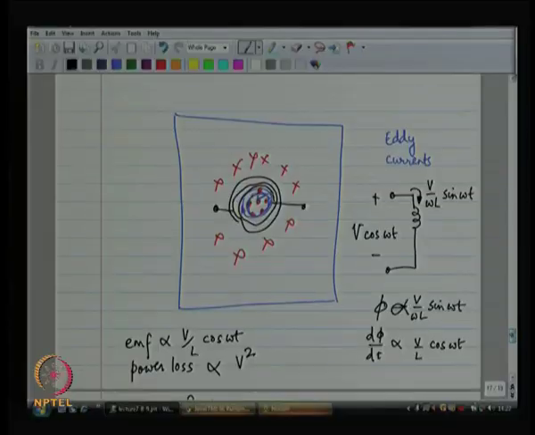Then there is the core loss. The core loss was because of eddy currents in the substrate. Because I have a changing current, I will get a changing magnetic field. This magnetic field will go through the substrate; part of it will hit the substrate, and that magnetic field is changing.